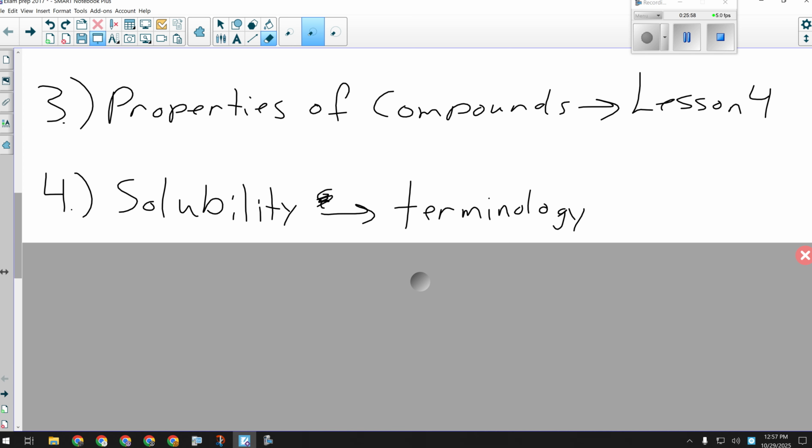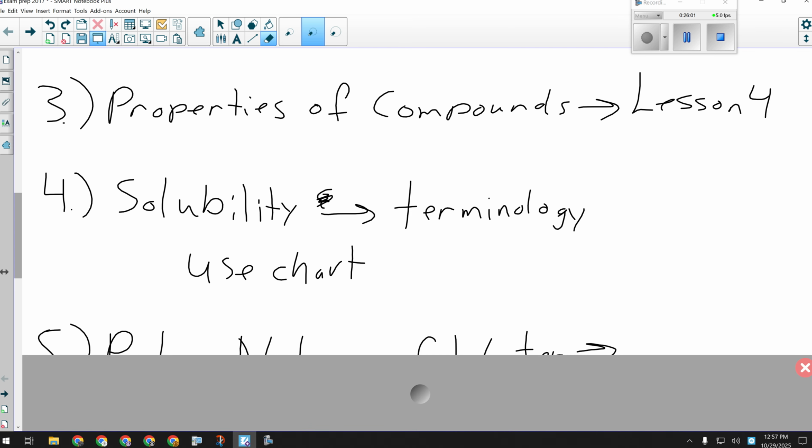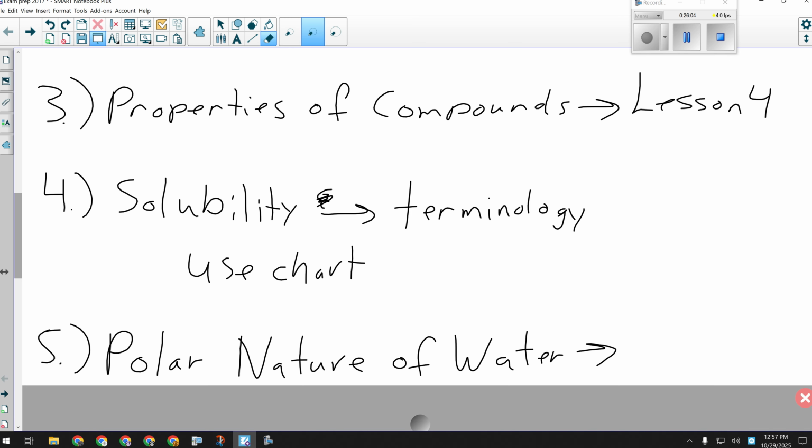In that lesson as well is all the stuff about water being a polar molecule. So the polar nature of water. You also need to know what it means to be a polar molecule. In a polar molecule, the electrons are shared, but they're not shared equally.